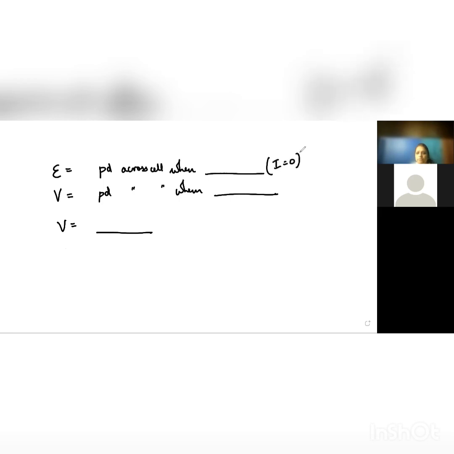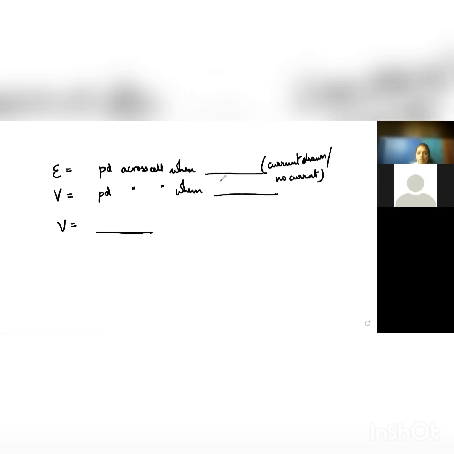or current is drawn from the cell, or no current.